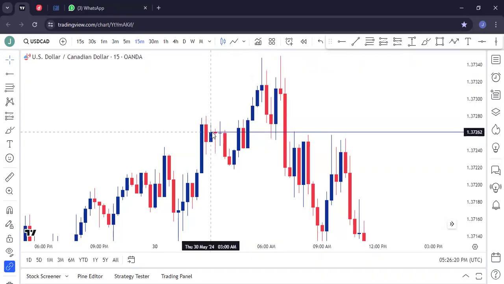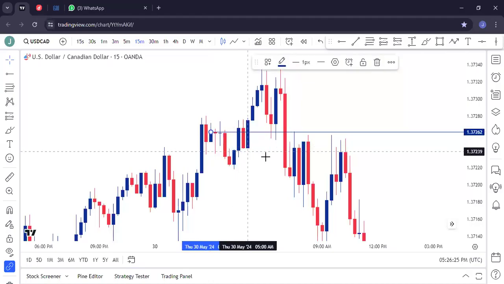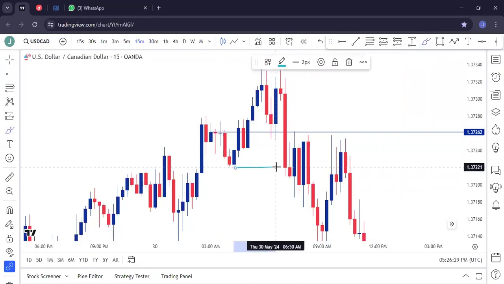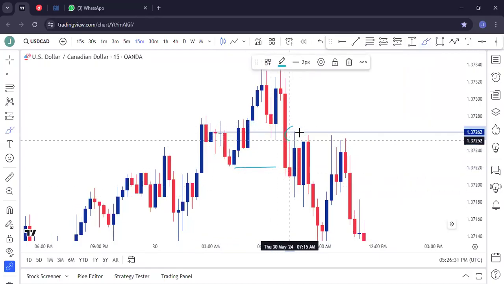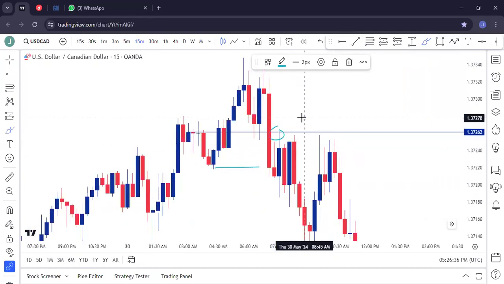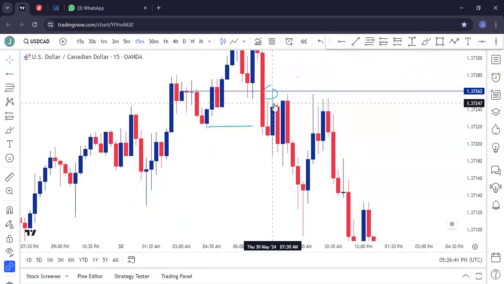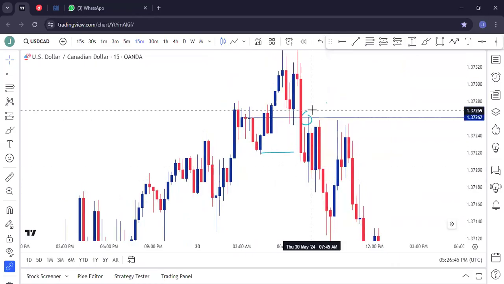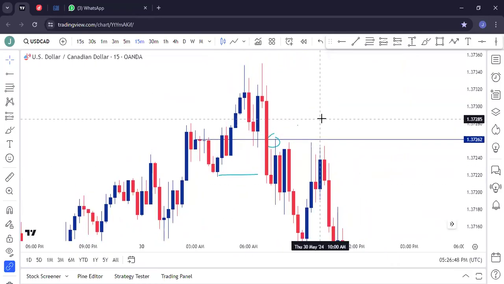We mark the entry point at the body of the candle here. And as you can see, after the change of character, the market came with just one candle, tapped there, then sold. So this is one kind of simple, compressive liquidity engineering.